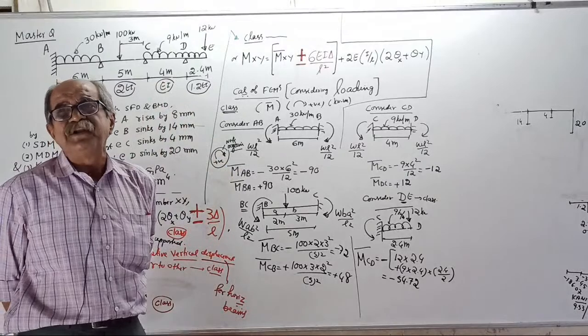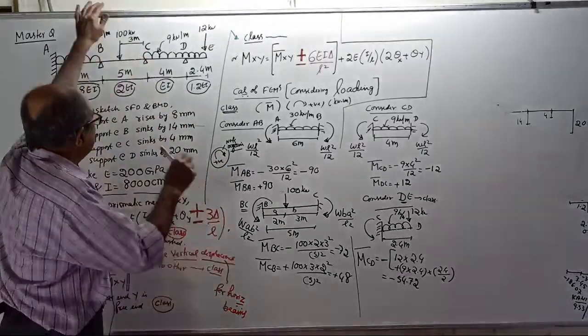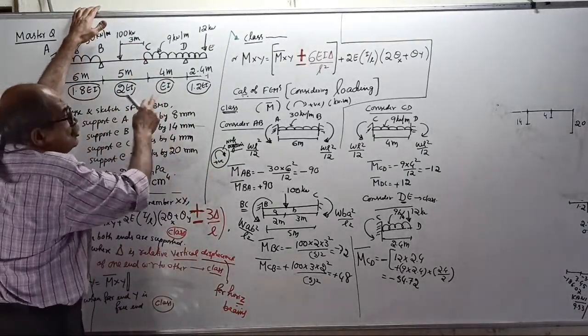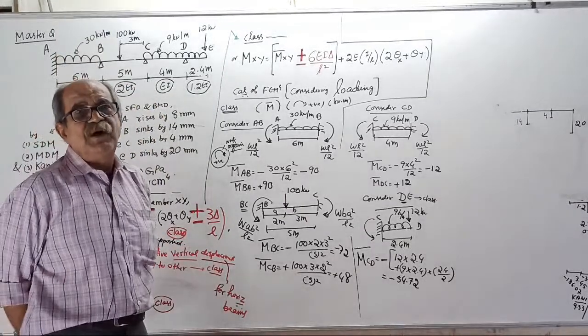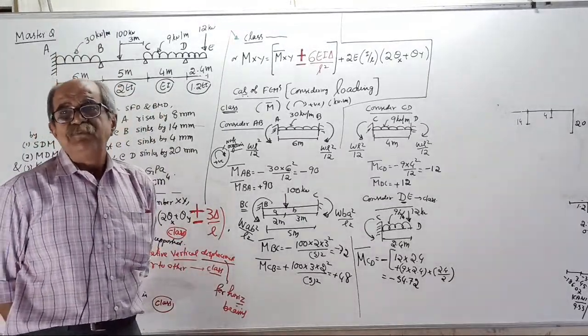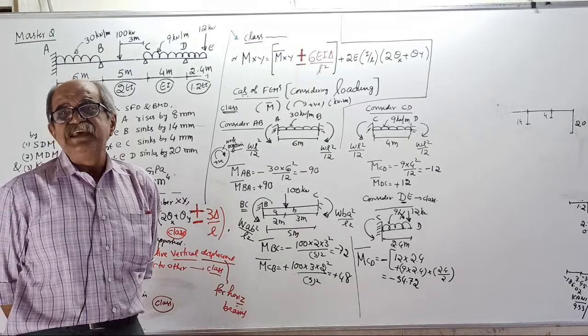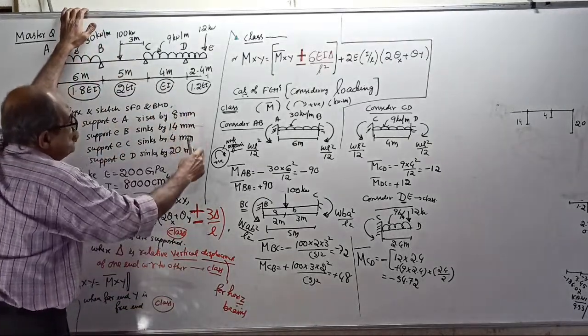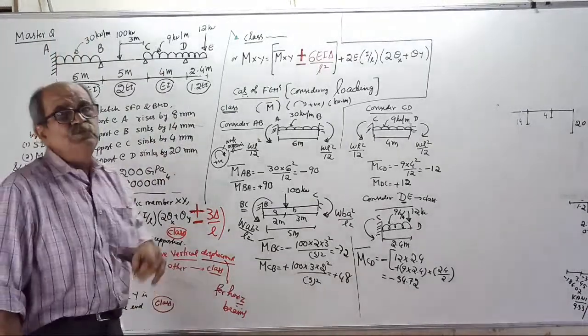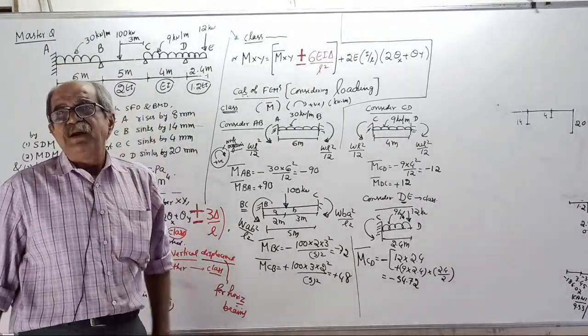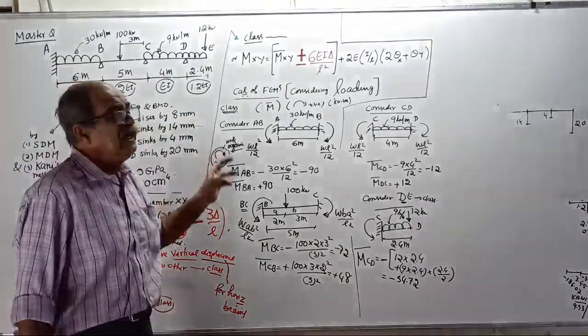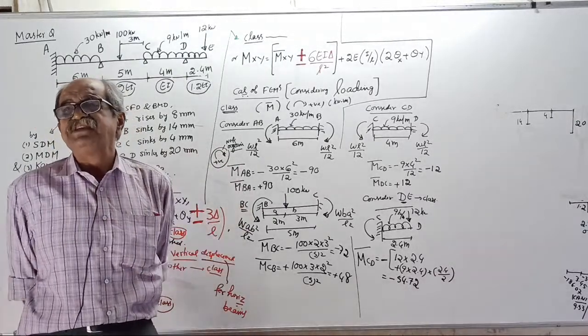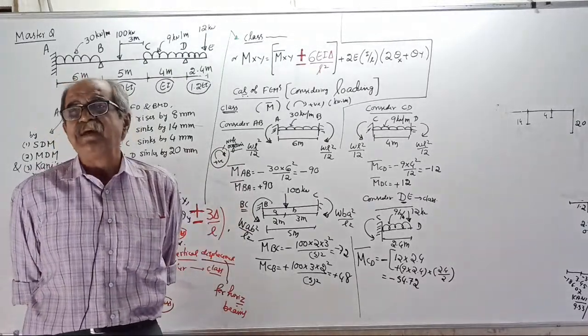EI value is not required then. But when settlement is there, you require the numerical value of EI. The reason is that the fixed end moment is 6 EI delta by L squared. So whenever the settlement is given numerically, you require the numerical value of EI. Sometimes, after this question is over, I will solve one small question in a single class by all three methods.